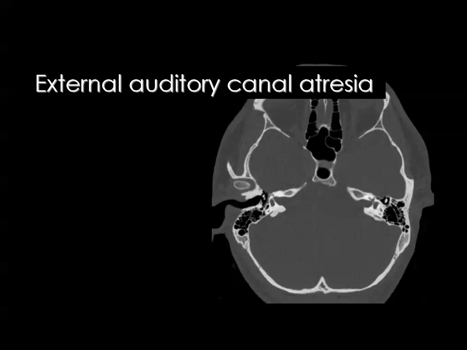It's important to assess the integrity of the middle ear as well as the inner ear structures in cases of external canal atresia, whether the soft tissue atresia or the bony atresia.